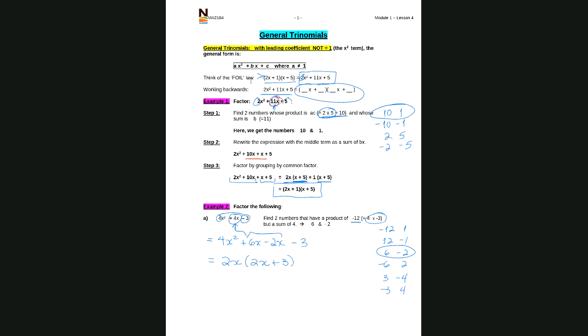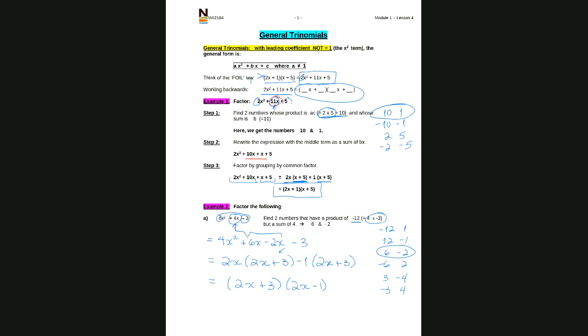And the last 2 terms, notice it's almost the same here. So the common factor is negative 1. So take out minus 1. And we want that second bracket to be the same as the first, because now it is common to each term. And now we've completely factored.